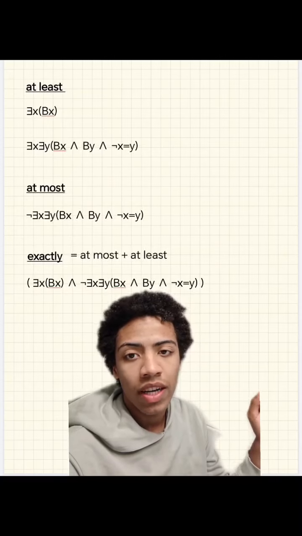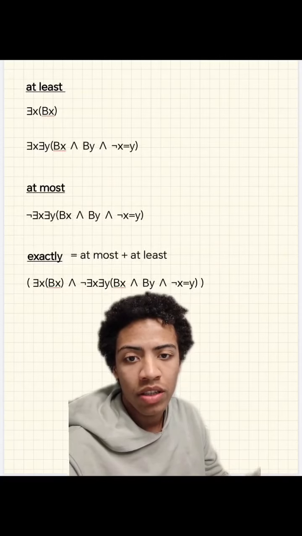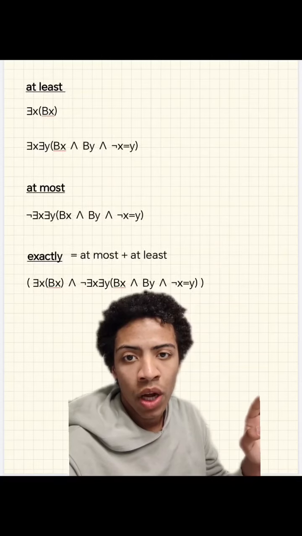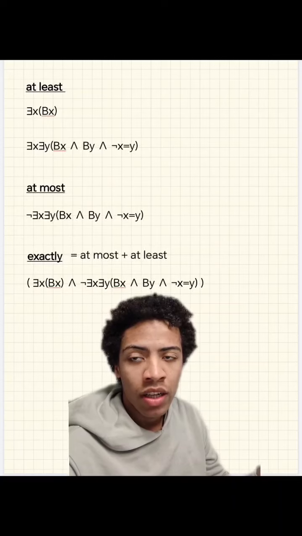That is existential x, existential y, and then bx conjunction by conjunction x is not y. So you basically take two different existentials, and then you put in the formula that the first existential, the first variable, is not the second one. So x is not y.